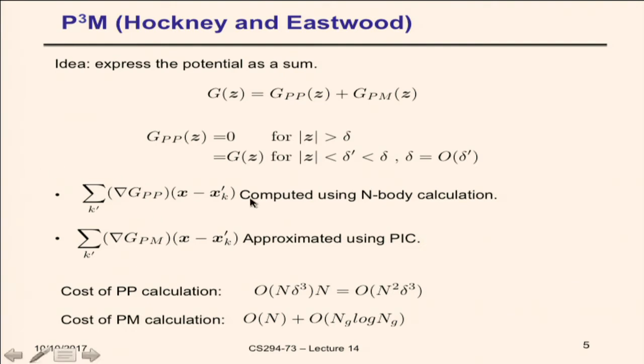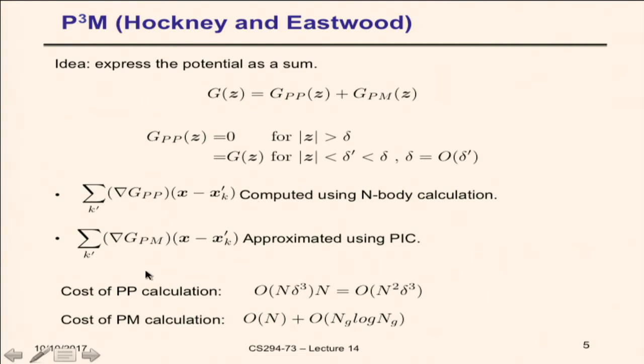So what you're going to do is compute the particle-particle contribution to the forces using an n-body calculation. And then we'll compute the particle mesh part of the forces using PIC.